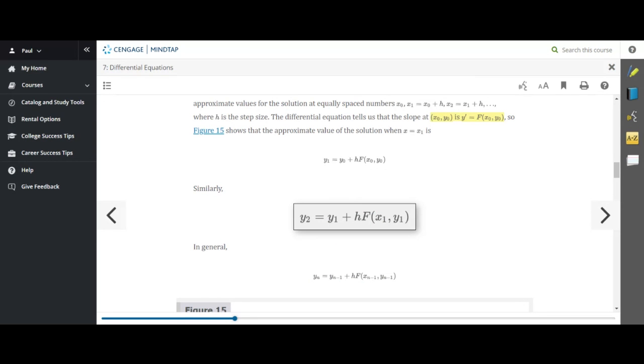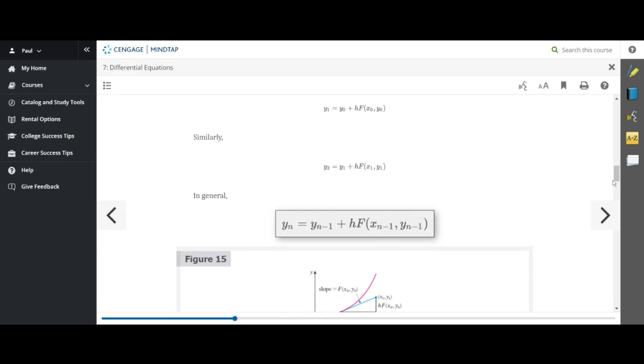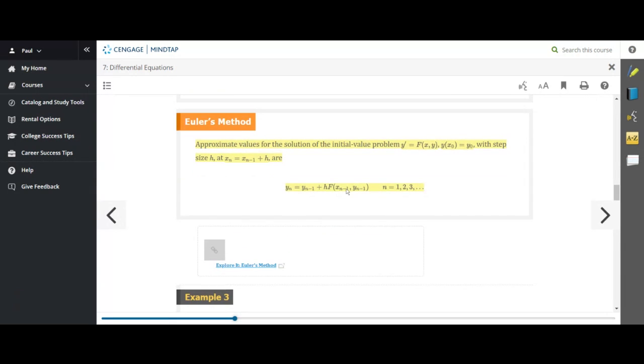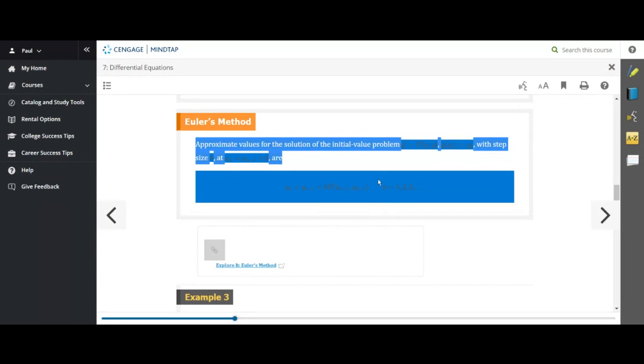You know what the y1 approximation is, and you know what x1 and y1 are. And you can keep iterating, and we'll look at an example of this. You're going to be working this out by hand, so you're going to have very simple examples to work with. But this is the final algorithm for Euler's method.